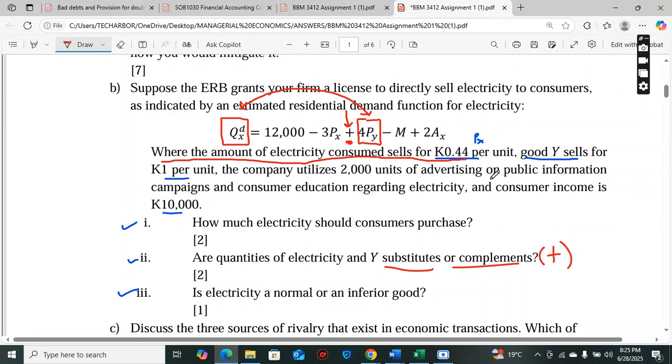If the positive coefficient, electricity and good Y are substitutes. Meaning if the price of good Y goes up, people stop buying good Y and they start buying more electricity. Although I don't know what good Y is, basically.